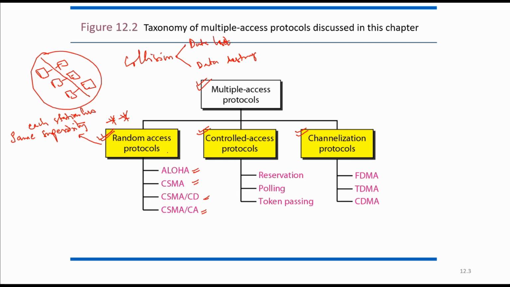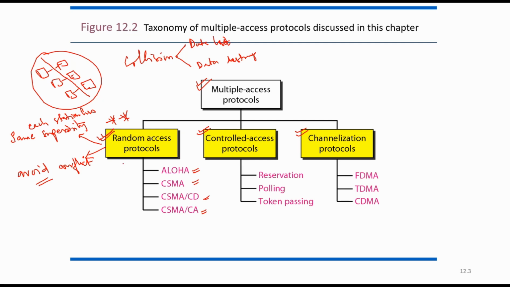Whatever stations are connected through a media will have the same priority. And this will be helpful for avoiding the conflict based on the sending of data. When two or more stations are sending data, how to avoid the conflict will be given by the random access protocols.